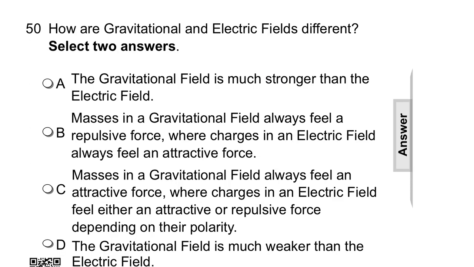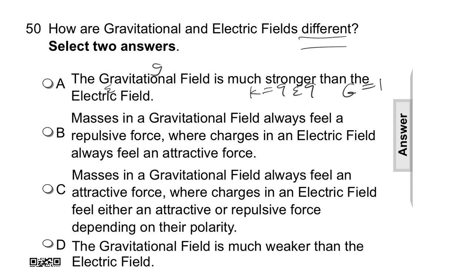Okay, so how are they different? Two answers. Okay, little g is much stronger than electric field for the same kind of masses or charge. No, because if you look it up, k is 9 e to the 9, whereas big G is tiny.